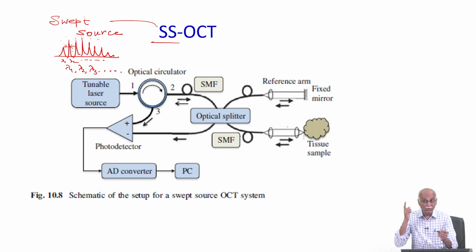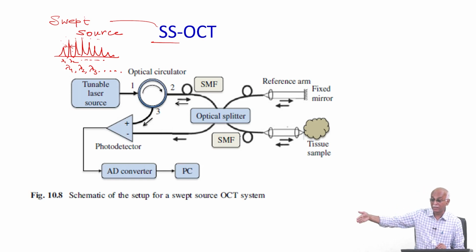If you can recall, in the frequency domain, how much depth of the sample we can measure also depends upon the resolution of the spectrometer. We already discussed that a couple of classes back.